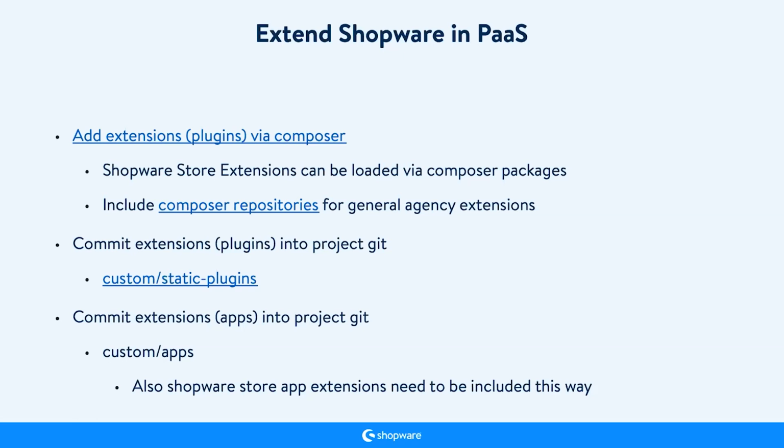You can include your own Composer repositories if you have, for example, an extension that is used in multiple custom projects. But you can also just add them to the project-specific Git, for example, in custom static plugins or custom plugins itself. These are defined in the composer.json as private repositories, and every extension, every plugin is itself a Composer plugin, a Composer extension.